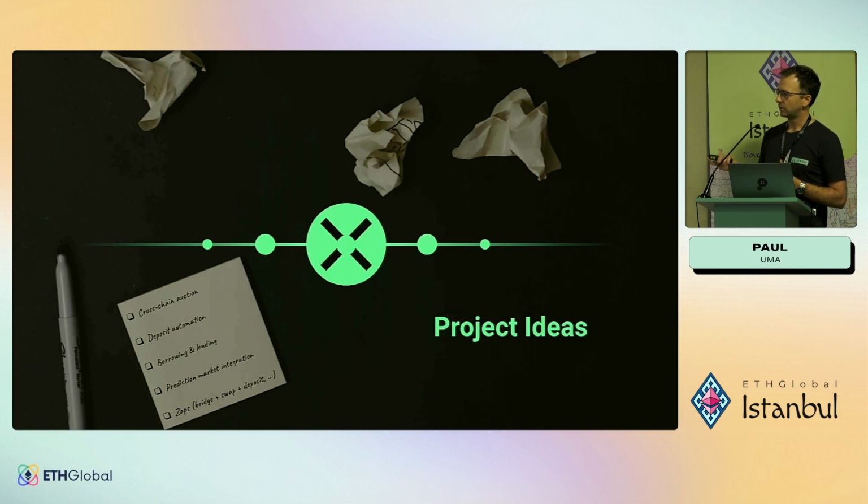Another example of what you could build is something we're calling onboarding internally, but it's like deposit automation. Say you have some tokens on Ethereum and you want to bridge over to Arbitrum, and as soon as your tokens arrive, you want to go further and deposit them into a lending protocol or something like that.